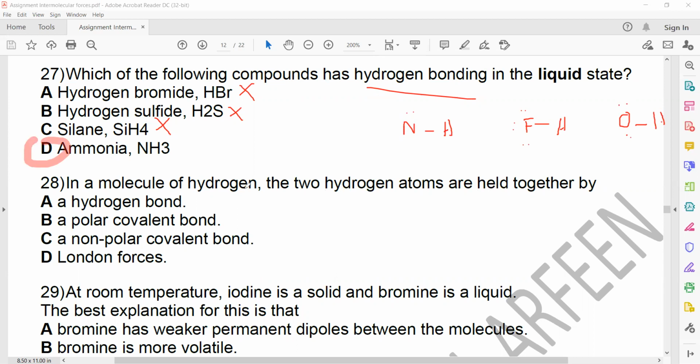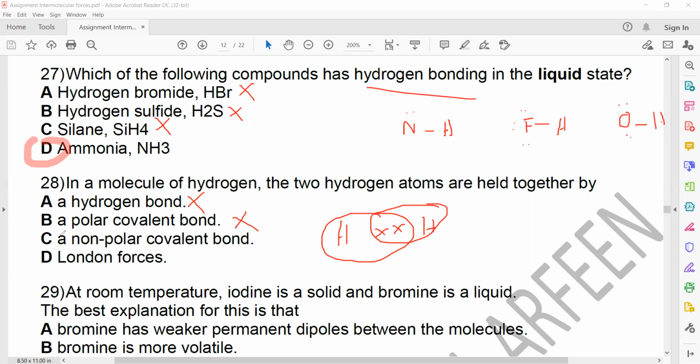Next question, in a molecule of hydrogen, two hydrogen atoms are held together by what? Between the atoms they have a shared electron, and they don't have a difference in electronegativity. So they will form a non-polar bond, because hydrogen bonding is not intramolecular, it is intermolecular, so that cannot be it. If two atoms have a difference in electronegativity, then it will be polar.